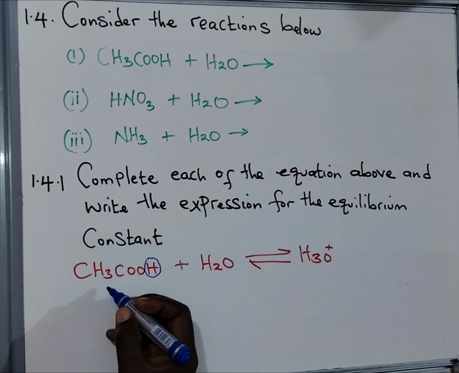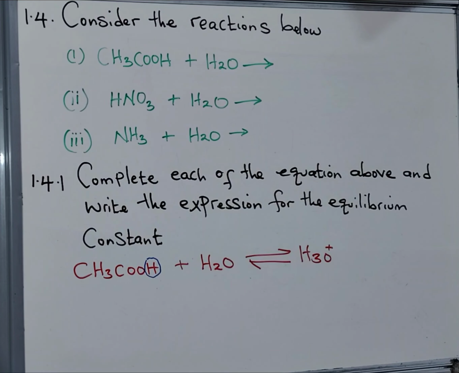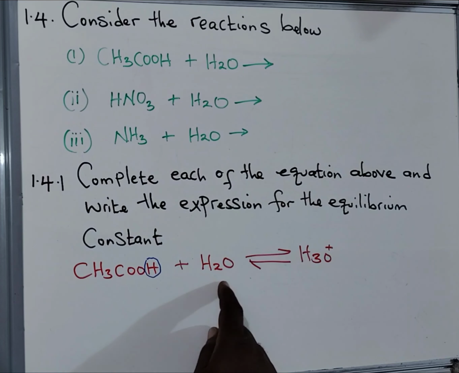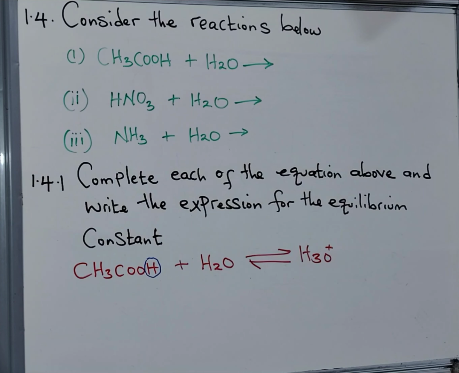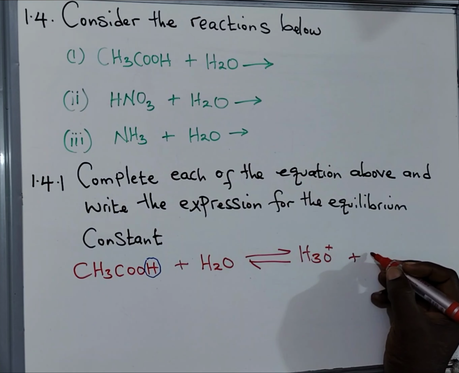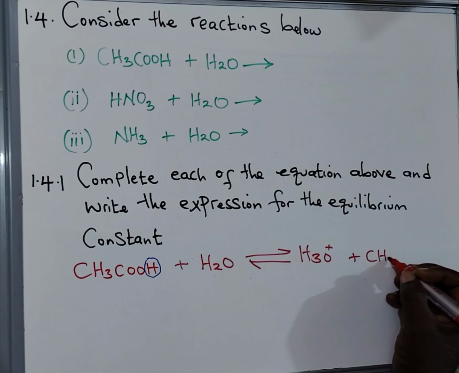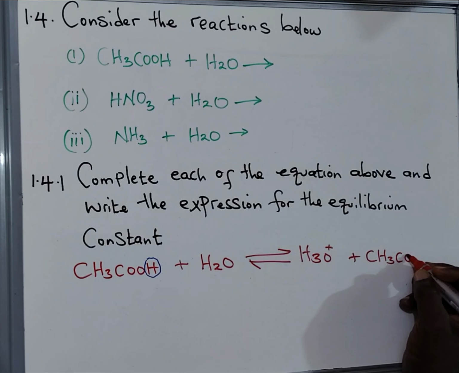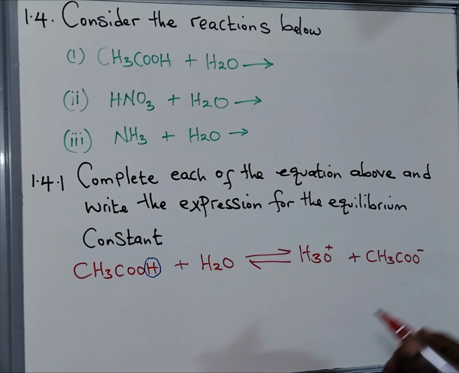They can't be lost. So that is very important to you as a scientist. So this is the proton which is donated to water. What remains behind is going to be CH3COO minus. Yes, that is the equation.